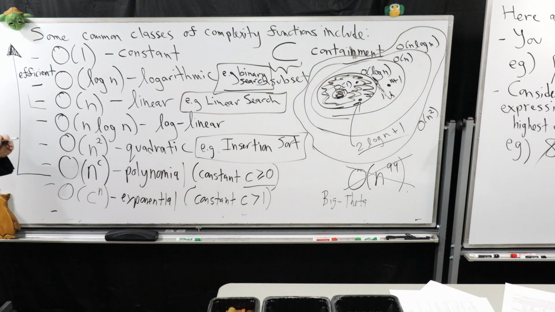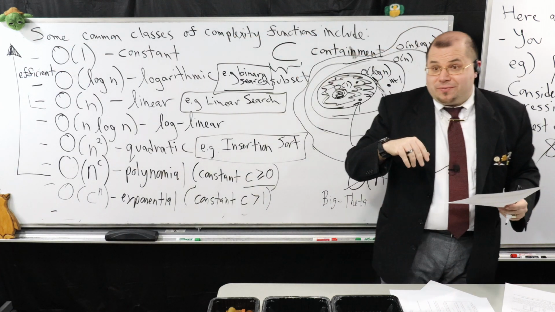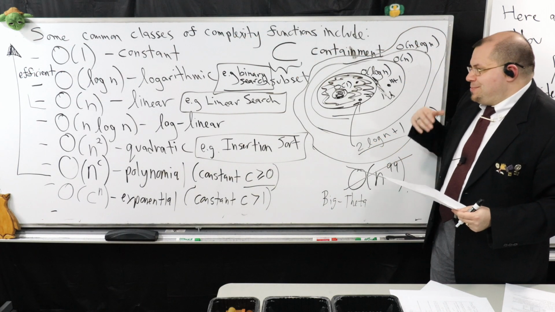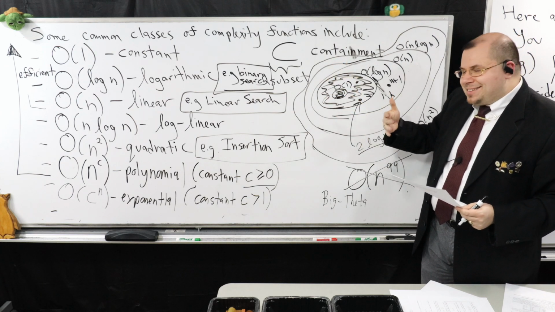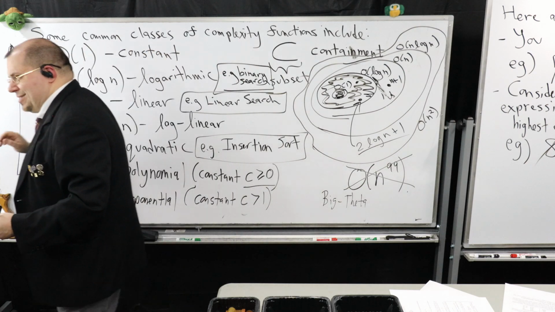It's not just that it's some, it's that it has to exist. It's a much broader collection of complexity functions. You give me a function, as long as there is some constant that takes on this form, you could say it takes polynomial time.